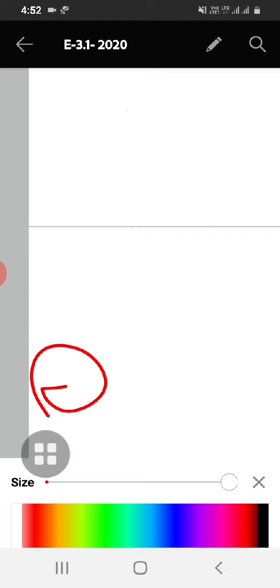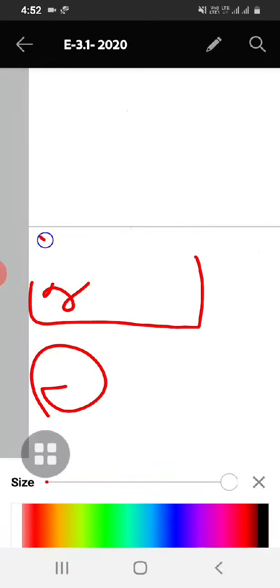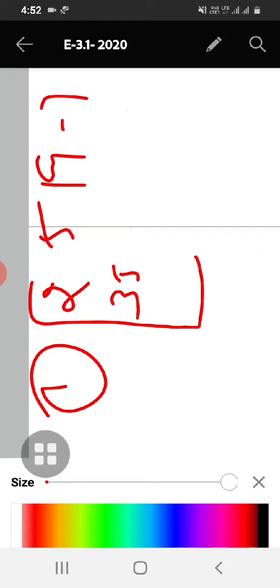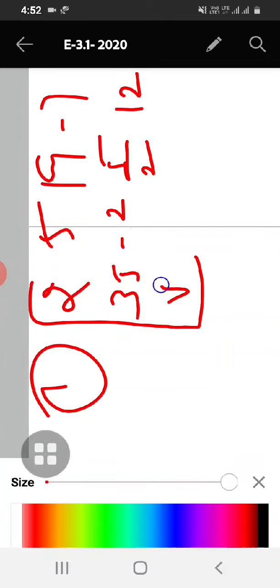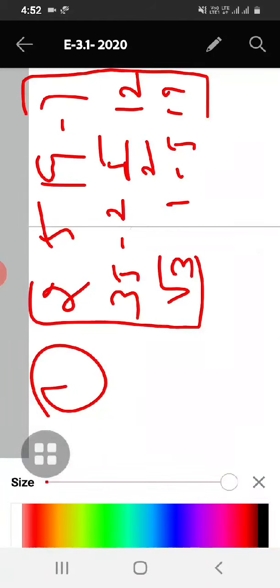What is the matrix given there? The matrix is 2, 5, 19, minus 7, 35, minus 2, 5 by 2, 12, root 3, 1, minus 5, 17. So this is the matrix.